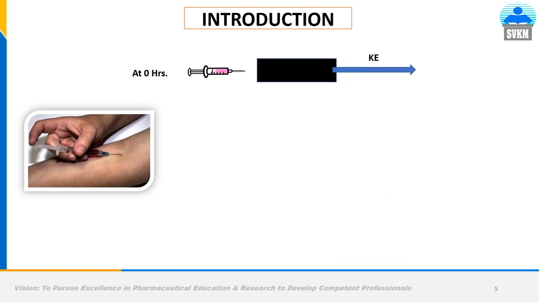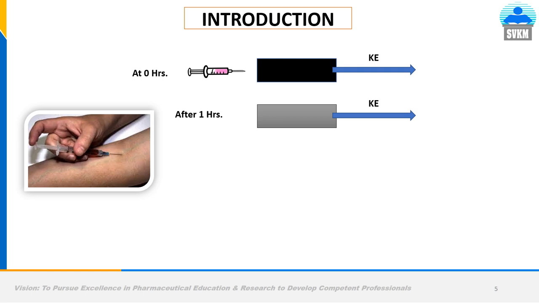Consider we administered 500 mg of drug inside the one single compartment, that is blood, by IV route with the help of a syringe and needle. At that time, the whole 100% concentration of drug is present inside the blood. After 1 hour, if we observe, the concentration of drug decreases, because as the name indicates it is an open model.